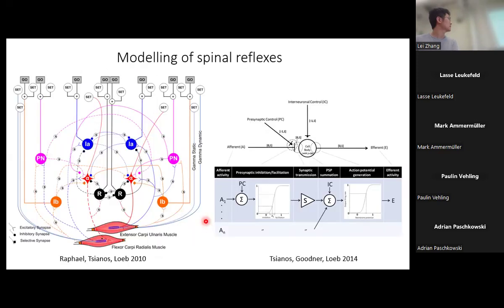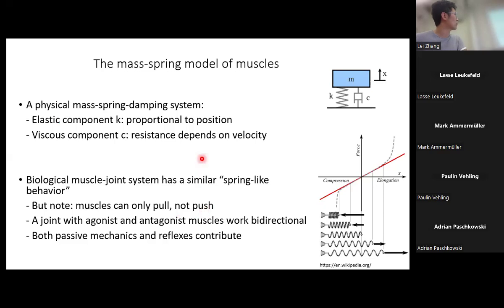Okay, and then let's come to a more conceptual understanding of muscle control. So how do we understand this? We introduced the analogy of a mass spring model to compare with the muscles. So we know this mass spring damping system.